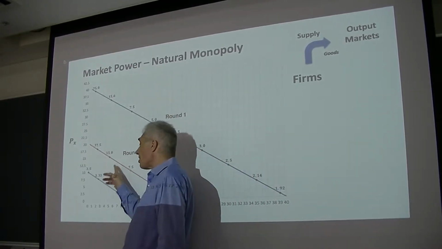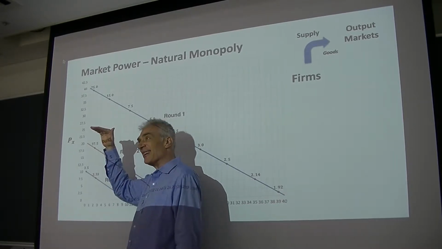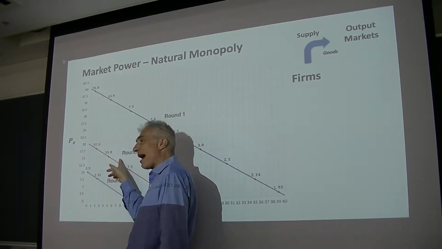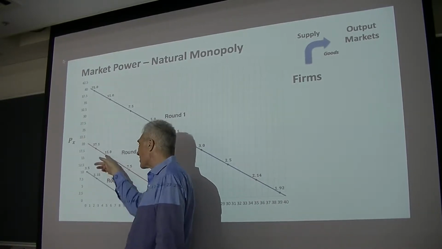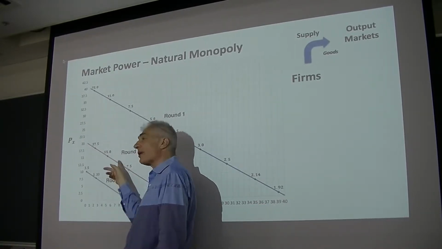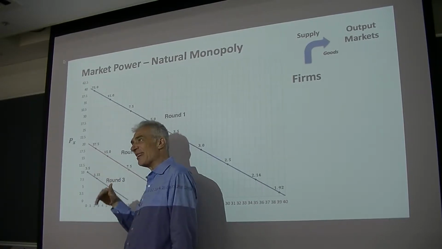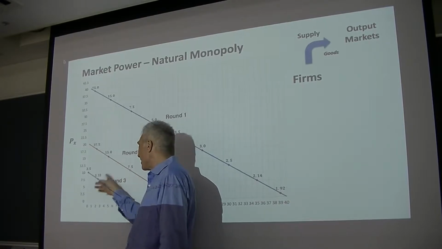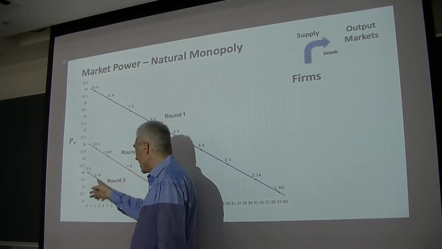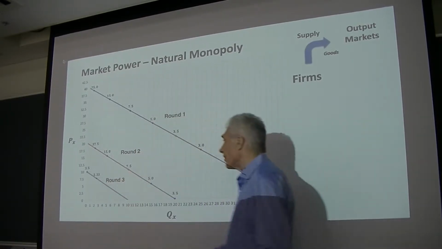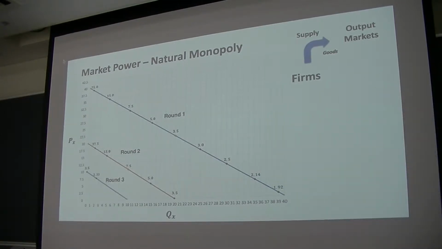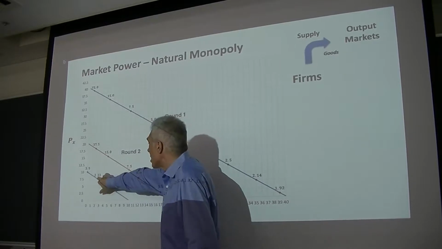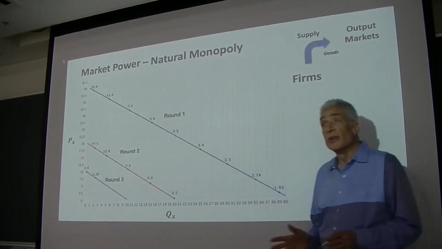If they reduce their output, then the market price goes up. They're trapped. The market price goes up, but their average cost goes up faster than the market price anyway. And if they increase their output, then they're losing money. So in this range, above that range, they're out of the market.